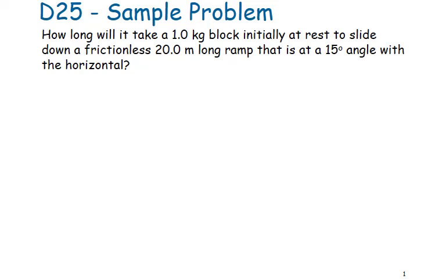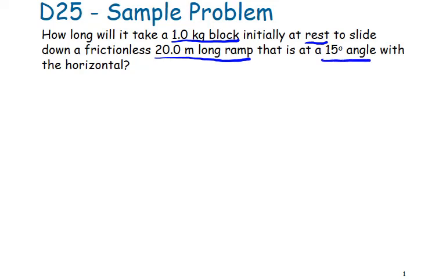Okay, so on this one, we're going to combine the incline problem with motion. We have a 1 kilogram block that's sitting on the incline, starting from rest, on a frictionless 20 meter ramp, and the angle is 15 degrees.